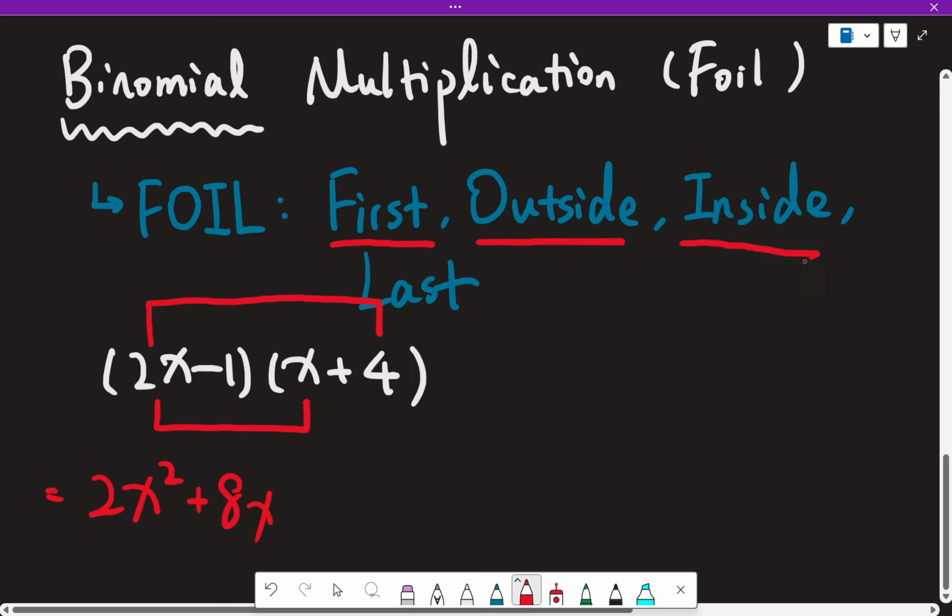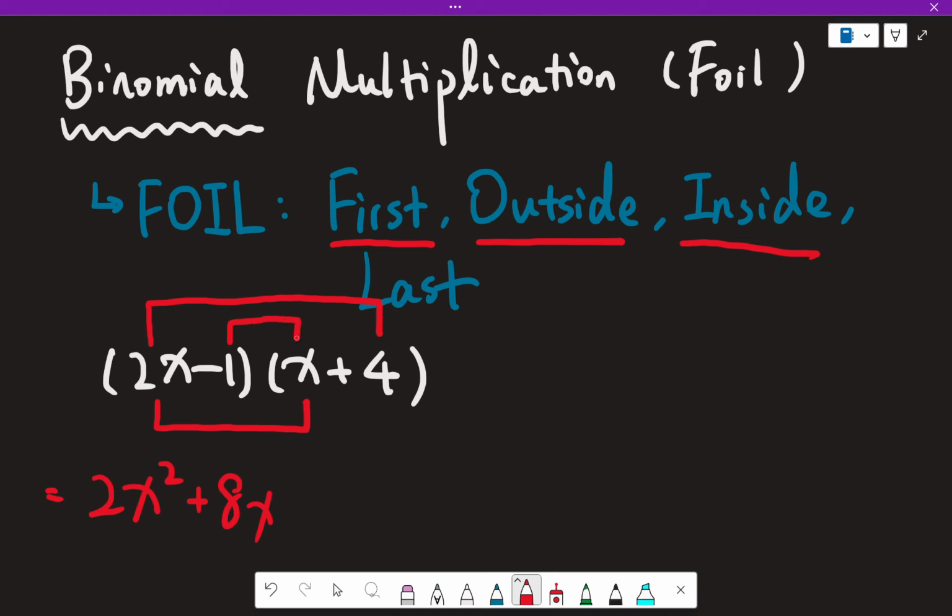Now inside. So we want to multiply the inner terms of the two brackets, which are -1 and x, which gives us a -x. And lastly, we will calculate last, which is the last or second terms of both binomials, which is -1 and 4, which gives us a -4.